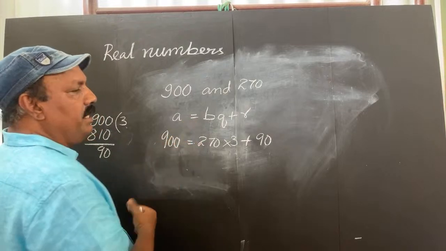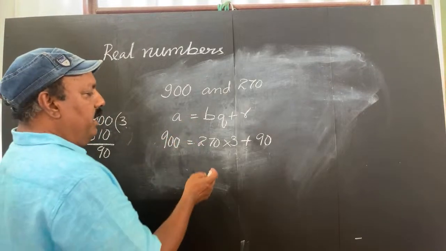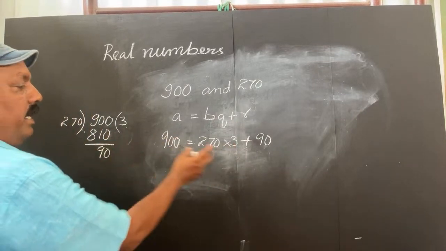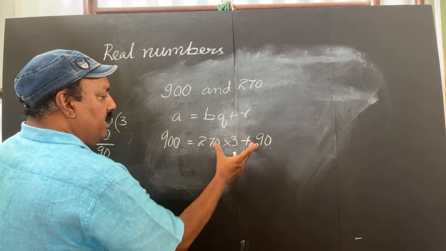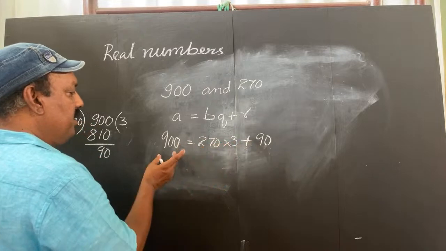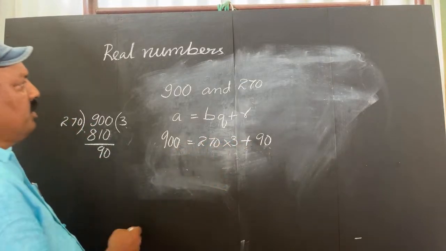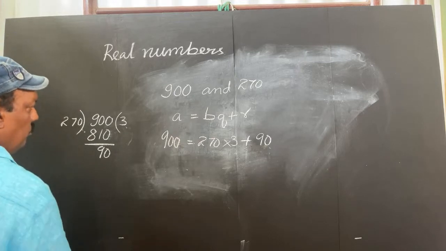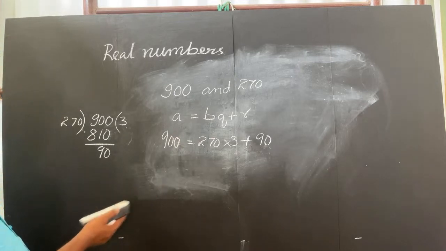Then only can we consider this Euclid's division lemma formula. Now 270 into 3 is 810. 810 plus 90 is 900. So 900 here, 900 here. 900 equals 900. So we justified Euclid's division lemma formula. I think you noted it down.